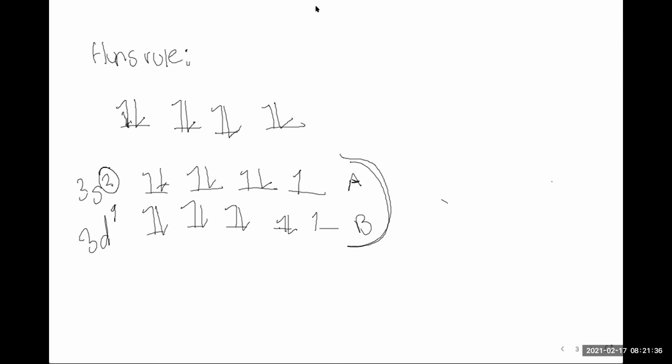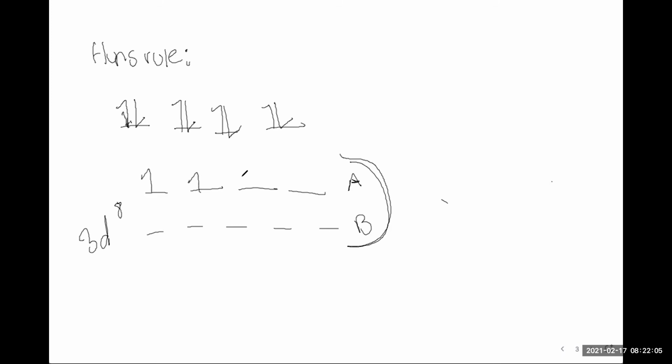Let me try another electron configuration. Let's try 3d8. So here, A would be Hund's rule and B will not be Hund's rule. If we were to follow Hund's rule for A, this is how it would look.